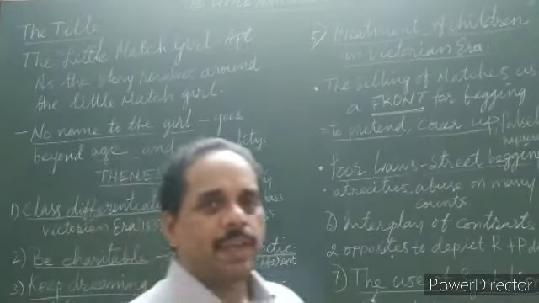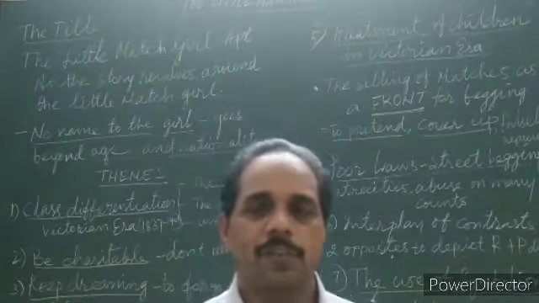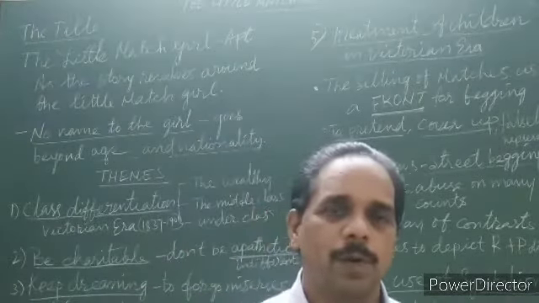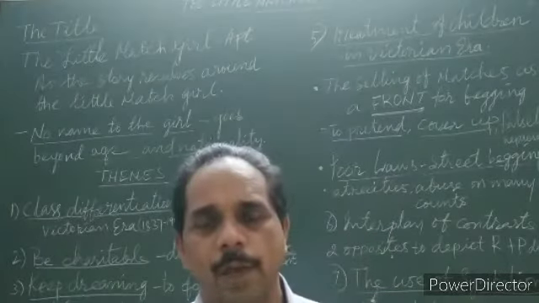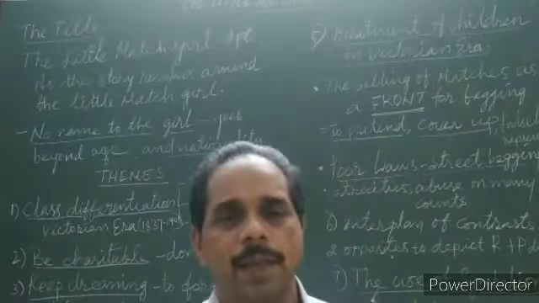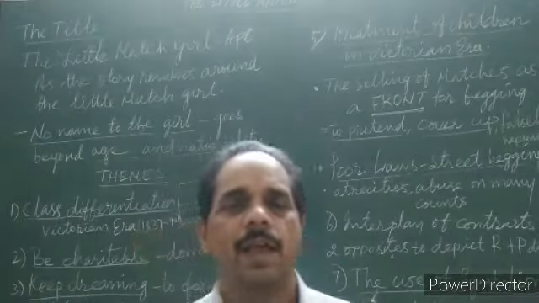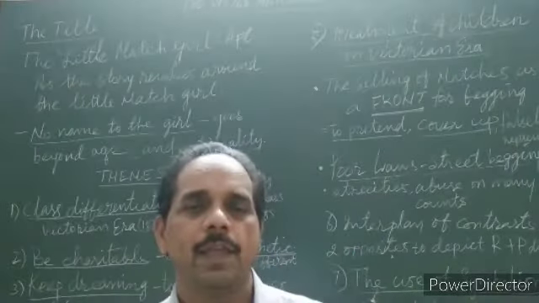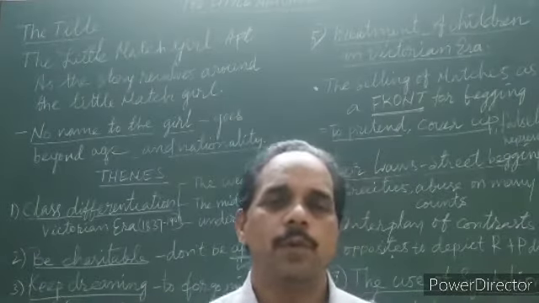There is no name given to the girl. The girl is not named, her age also is not mentioned. The purpose is that by not giving the name and age, Anderson is presenting a child who is being abused or one who is being put to trouble.